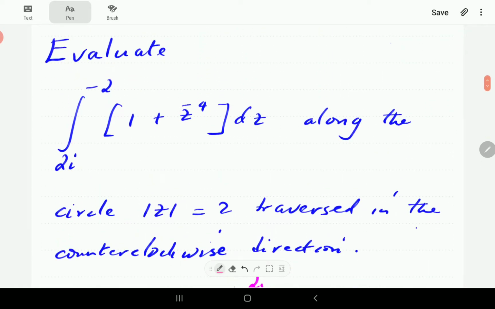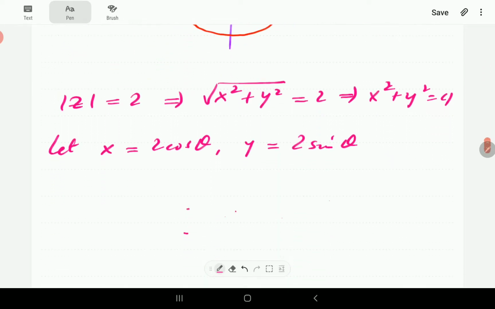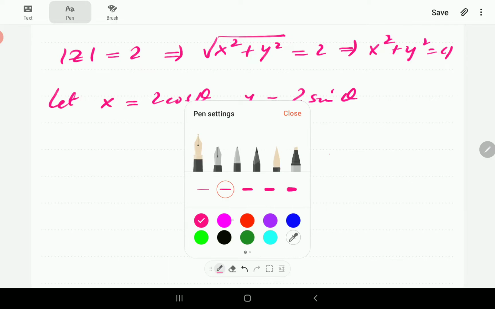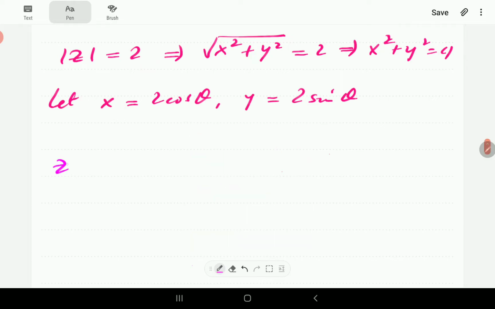So in our integral, we have got dz, we have got mod z. So we need to write those in terms of theta. So z is equal to x plus iy.